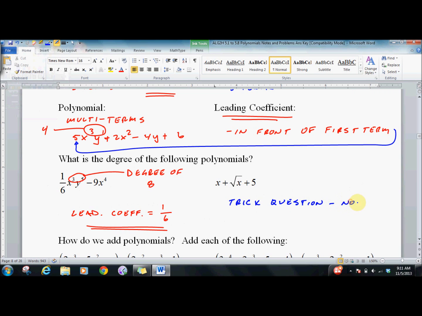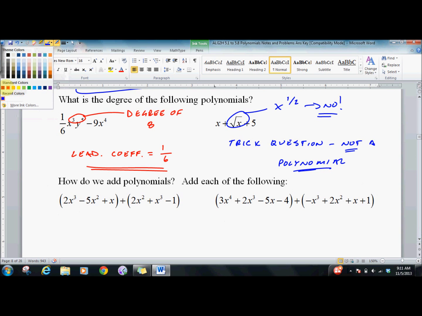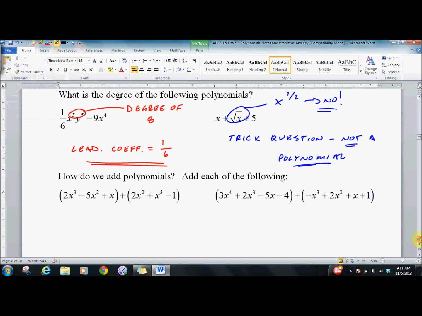It's not a polynomial. Because it's got a radical, x to the 1/2. Can't have that. You can have it in an equation, it's just not a polynomial, and we're dealing with polynomials.